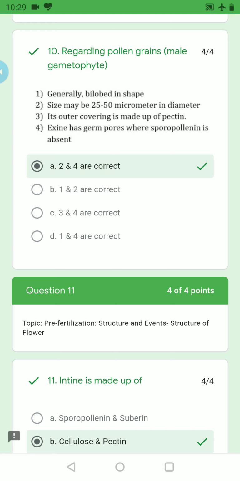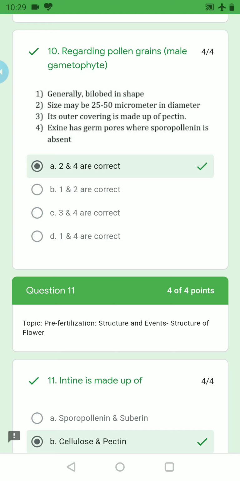Though generally bilobed in shape and its outer cover is made up of pectin, it is not always true, because the bilobed, as I told you while discussing in our subject and in our syllabus, sometimes may be mono or tri.